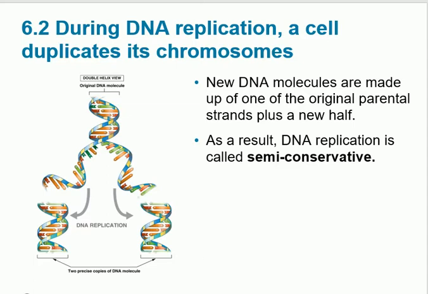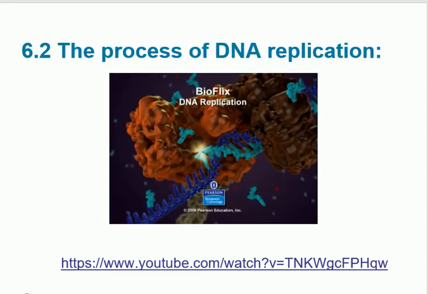And the other half is complementary to it. So that's why we call the DNA semi-conservative, because you have 1 strand original, okay, and 1 strand new. So this is called semi-conservative.